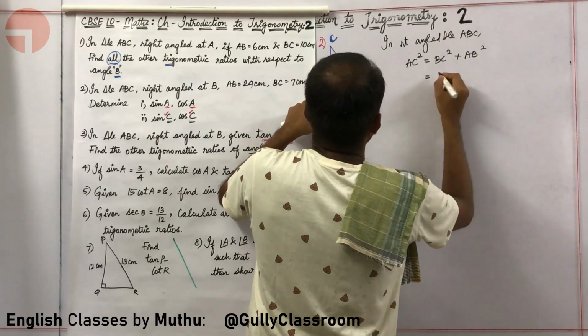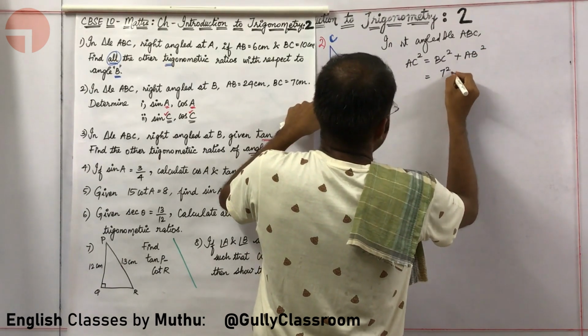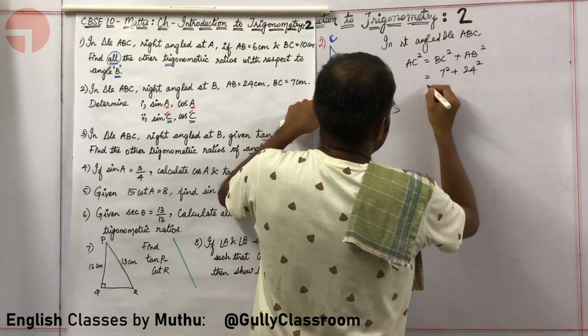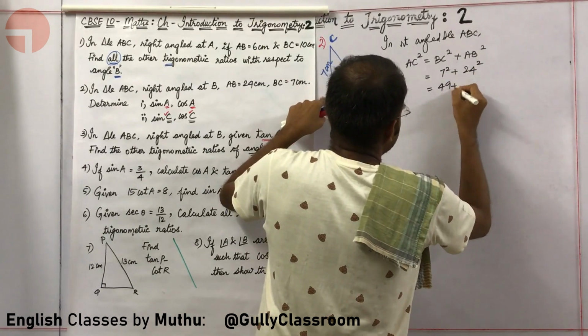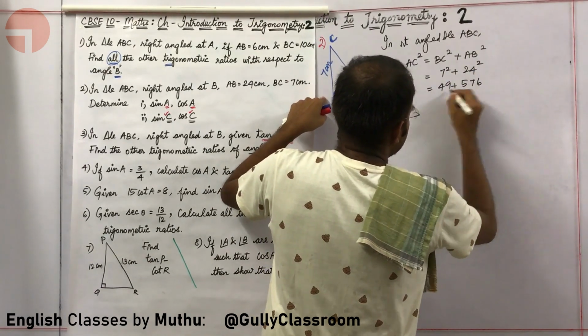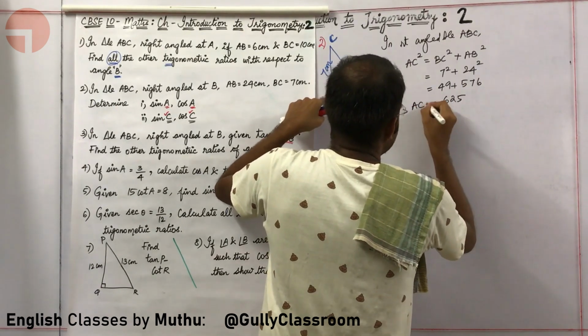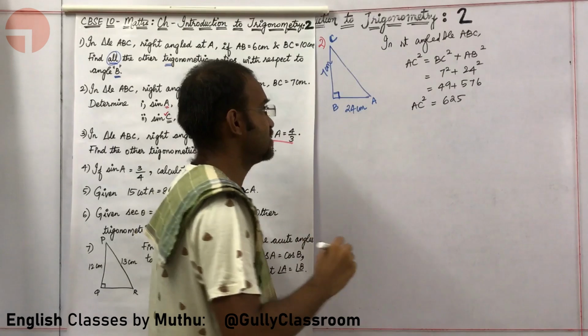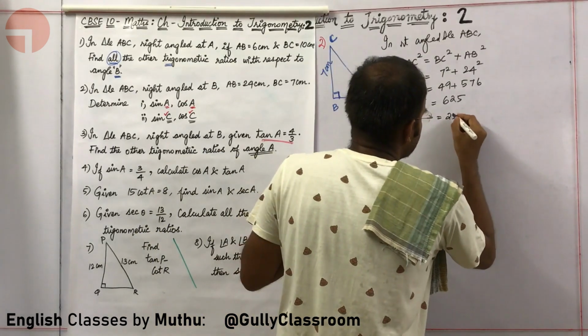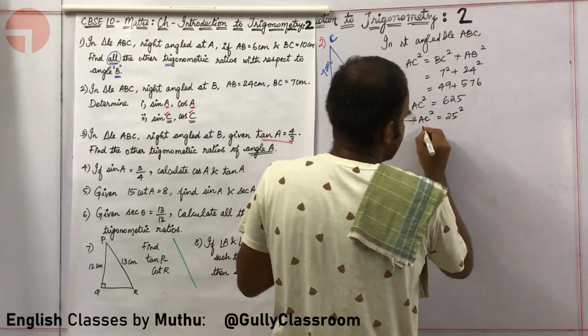Let us substitute all the values. BC square is 7 square, AB is 24 square. 7 square is 49, 24 square is 576. If you add both of these numbers, you will get 625. That is basically AC square. 625 can be written as 25 square.